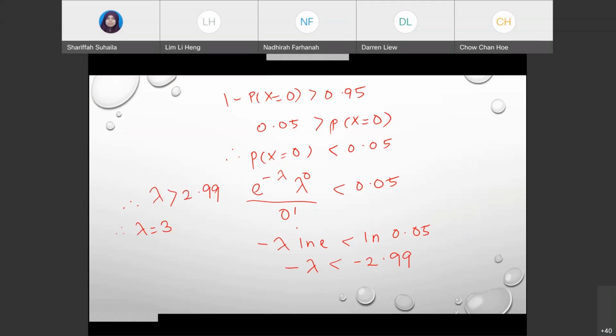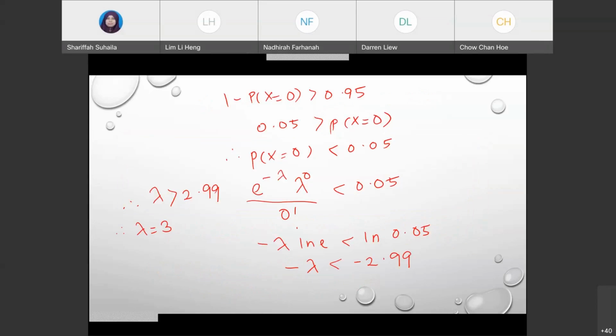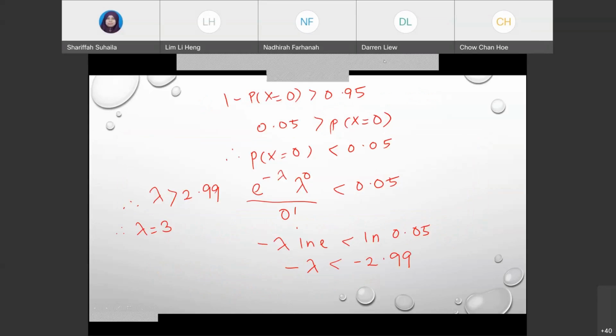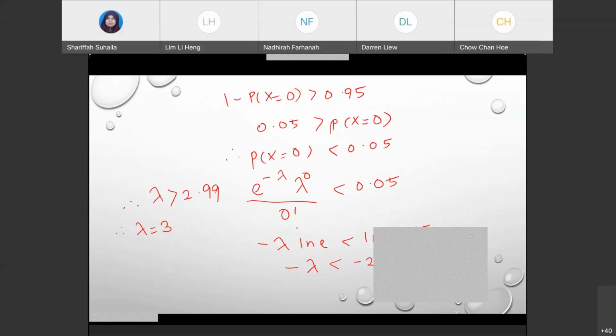So the question asks you not to find lambda, but how many cubic light years of space must be studied. Okay, so berapa jawapan dia? What is your answer? Dapat apa? Okay, so that means 3 times 16, so that's mean 48 cubic light years.